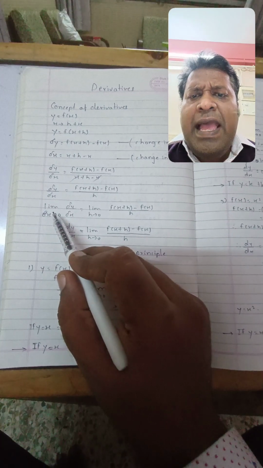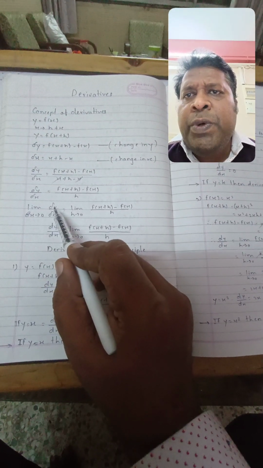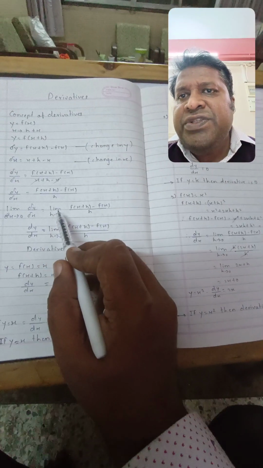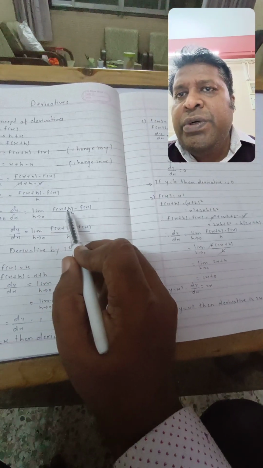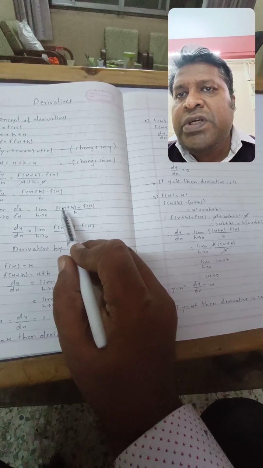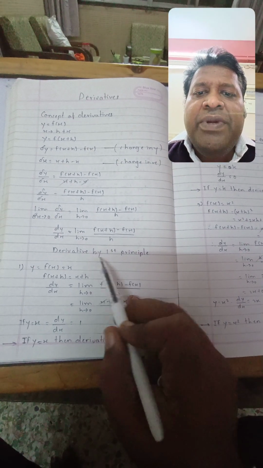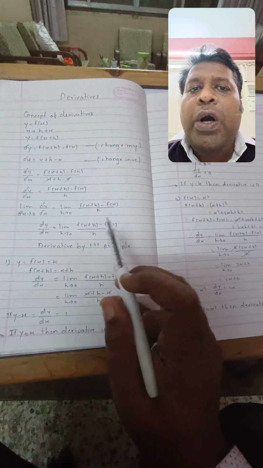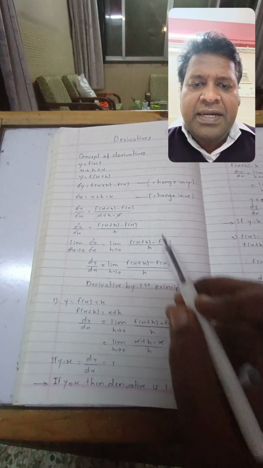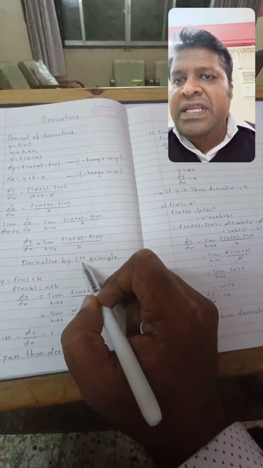Now suppose I apply a limit to this, then limit delta x tends to 0 of delta y upon delta x is limit h tends to 0 of f of x plus h minus f of x upon h. This is change in y upon change in x, and this is the derivative by first principle. All the formulas of derivatives are derived from this principle. This is the first principle.